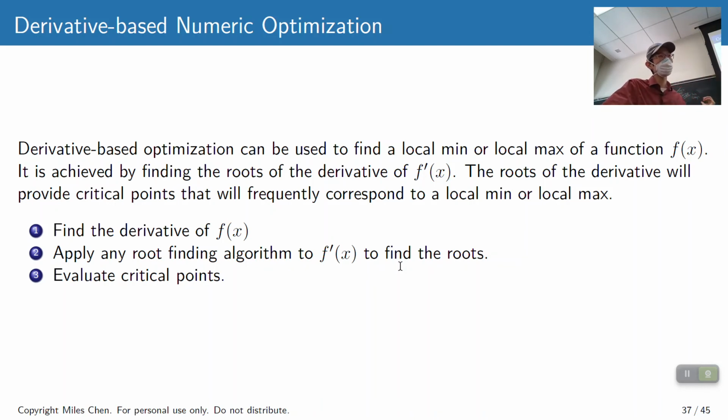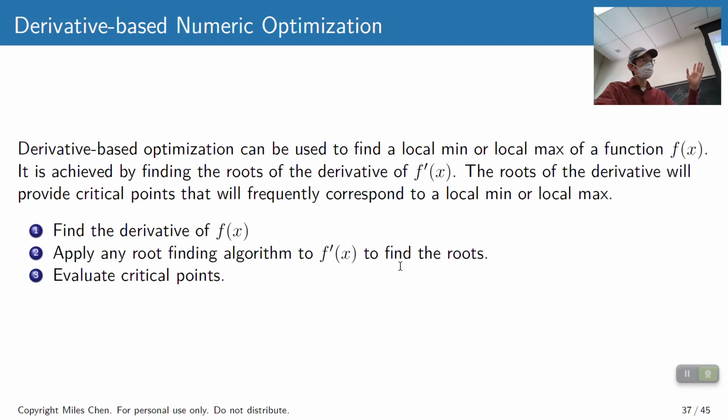We've covered several root finding methods: Newton-Raphson, fixed point, secant method, bisection method. You apply one of those methods to find the roots of f prime, and those will be your critical points, and you can evaluate those to figure out where you have local mins and local maxes.